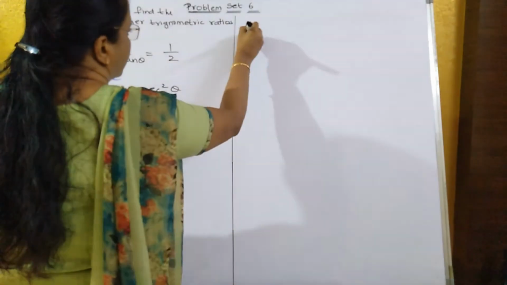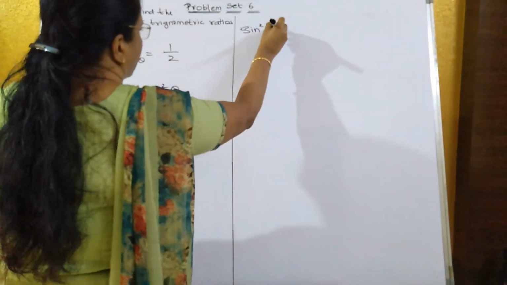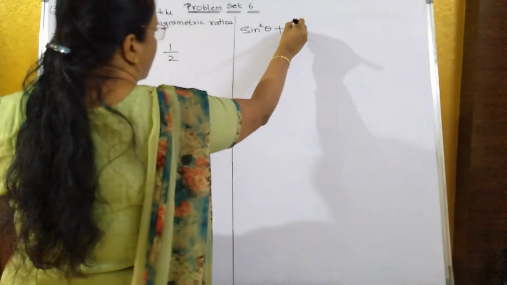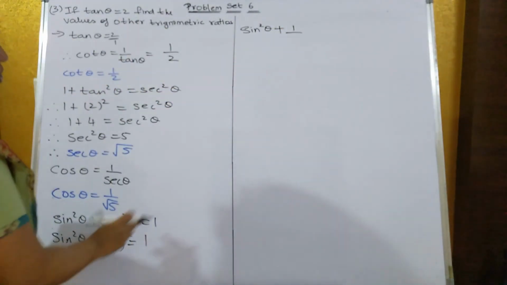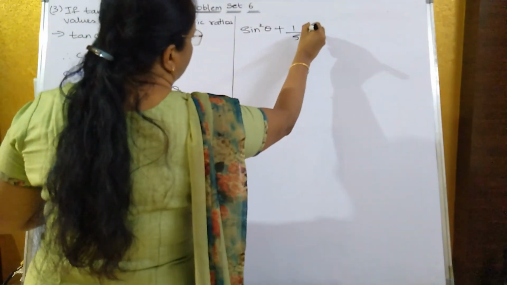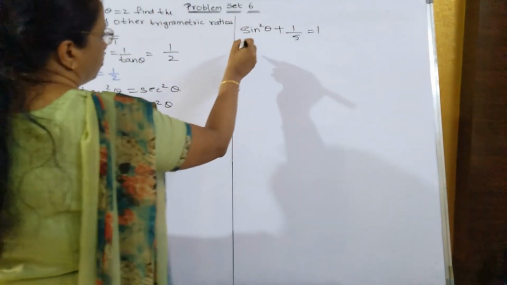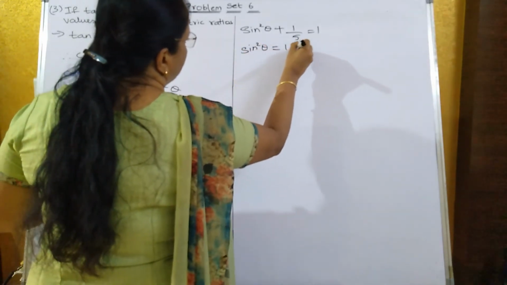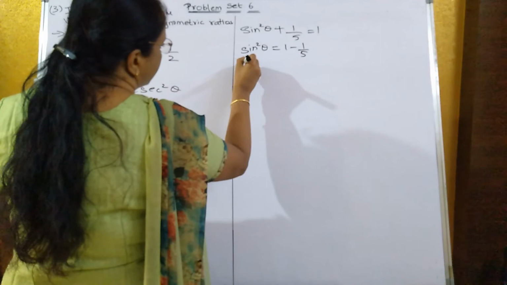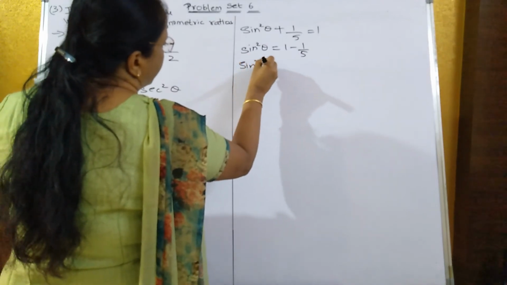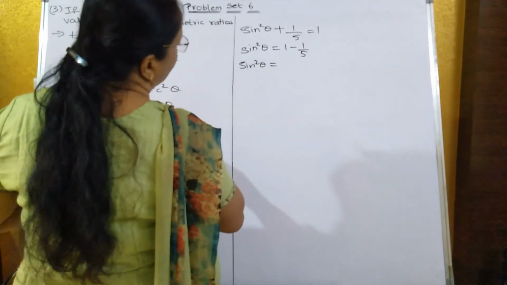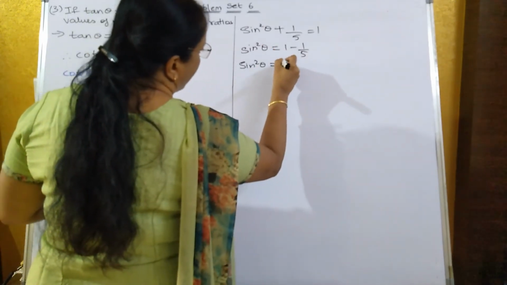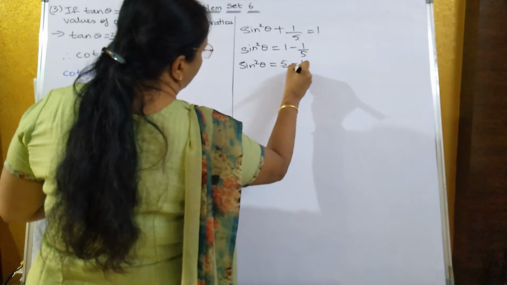Sin square theta plus 1 the whole square is 1, and root 5 the whole square is 5, is equal to 1. Now take the 1 upon 5 on the other side. You will get sin square theta is equal to 1 minus 1 upon 5. Equalize the denominator. You will get sin square theta is equal to 5 into 1, 5 minus 1 upon 5.